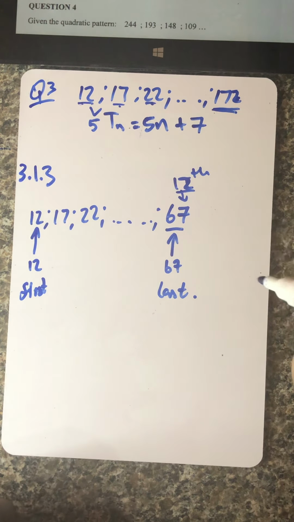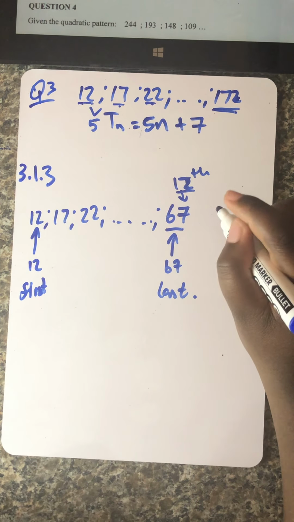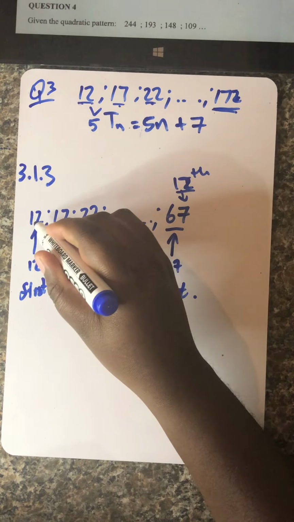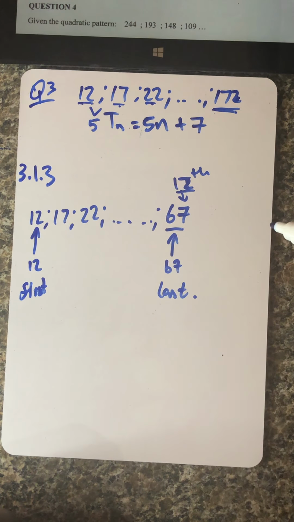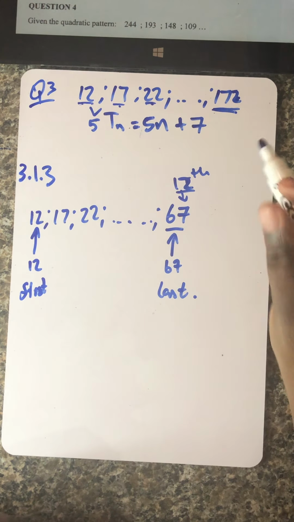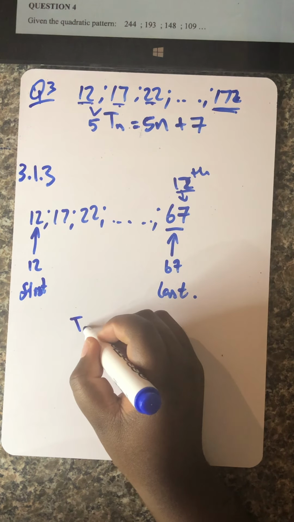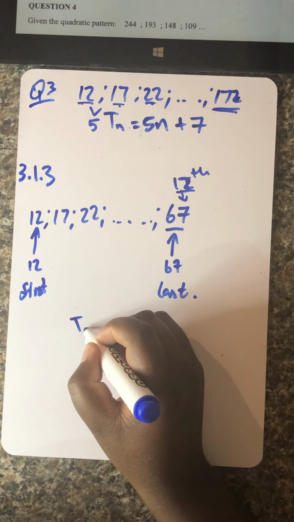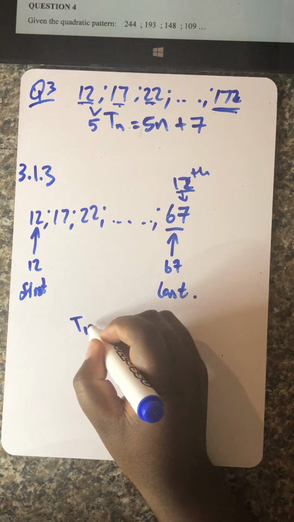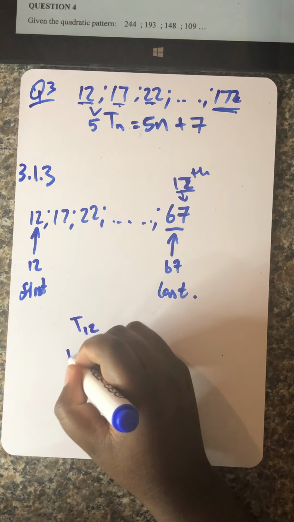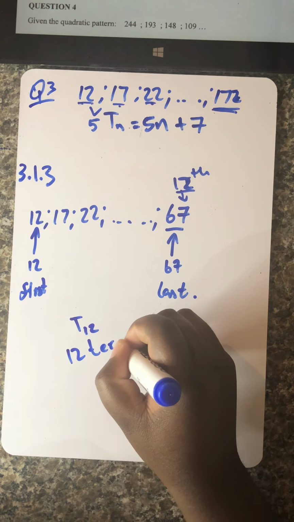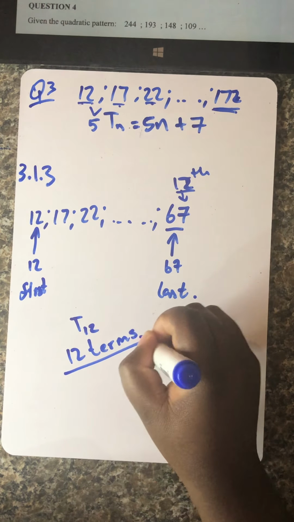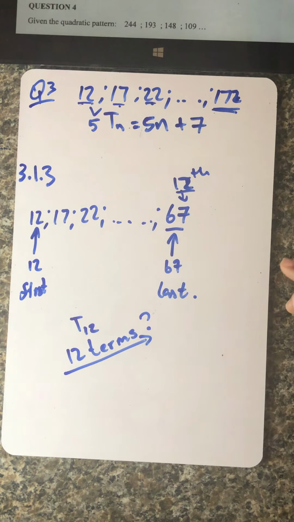So now what the question is asking you is to tell how many terms you've got in this pattern. So an answer to that question would be you've got 12 terms. This is what the question wants you to give as an answer.